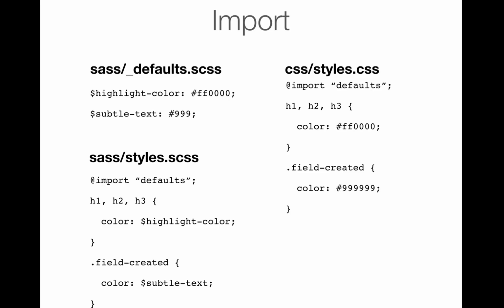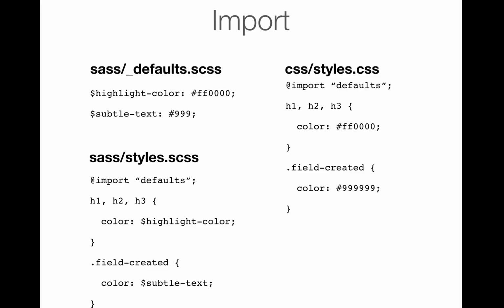So what you'll see with all of these features, the variables and the mixins and extend, is that your CSS is going to become more interdependent. You're defining variables and then using them in other parts of your CSS.